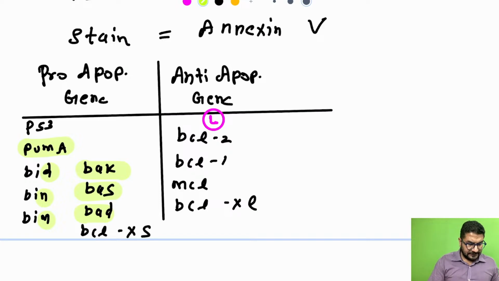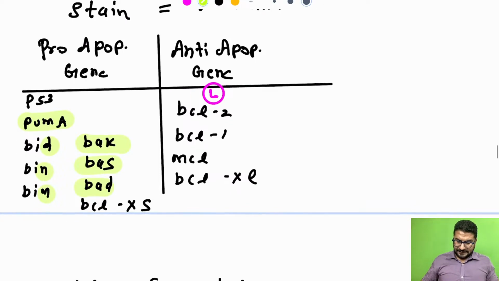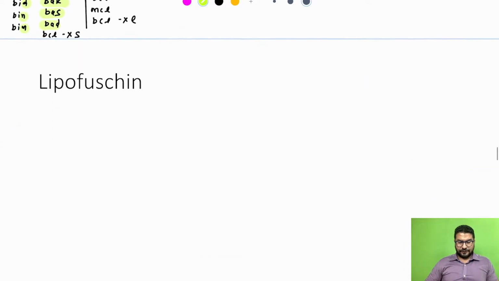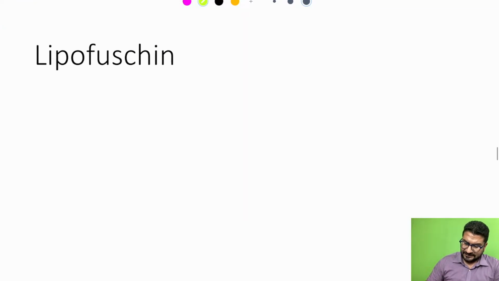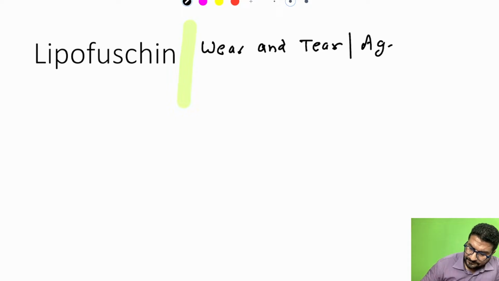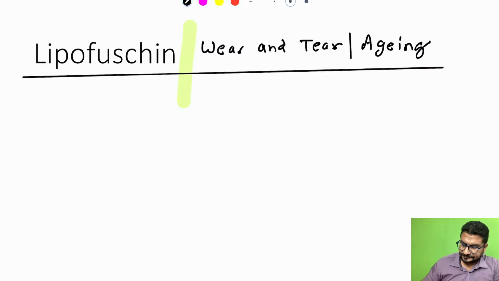Okay, now understand. What else they ask you? They ask you sometime question like we have already discussed about lipofuscin. So lipofuscin मैंने आपको बताया था, it is like wear and tear pigment. So इसको तो हमने डिटेल में डिस्कशन कर लिया था. We also call this wear and tear pigment or pigment of aging.